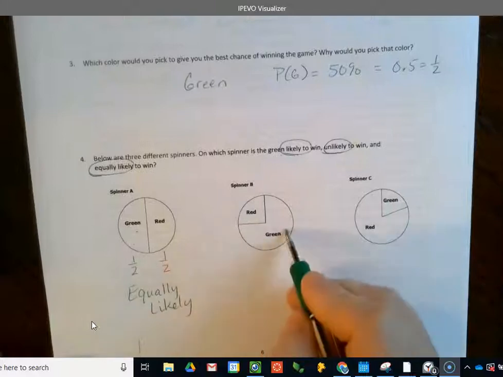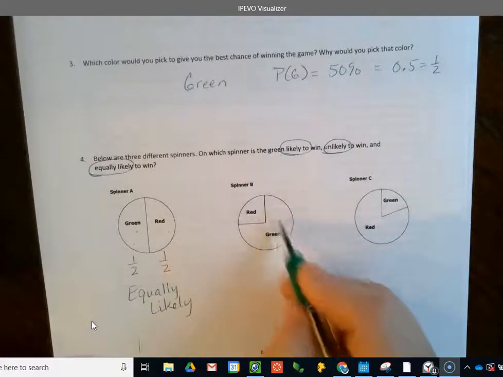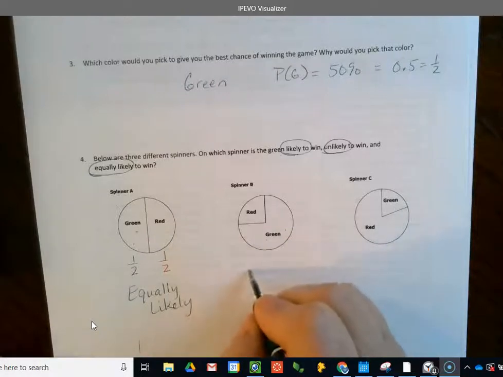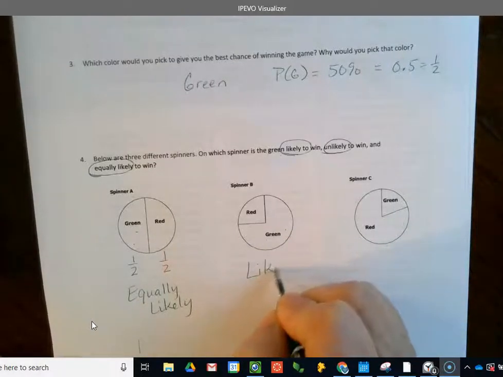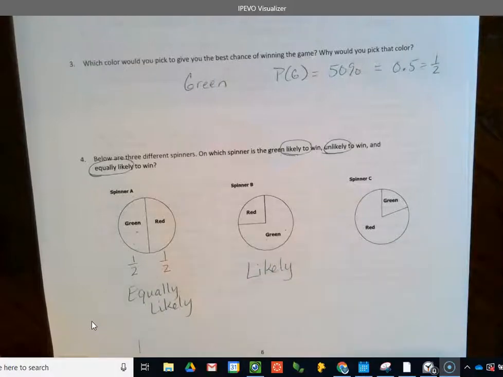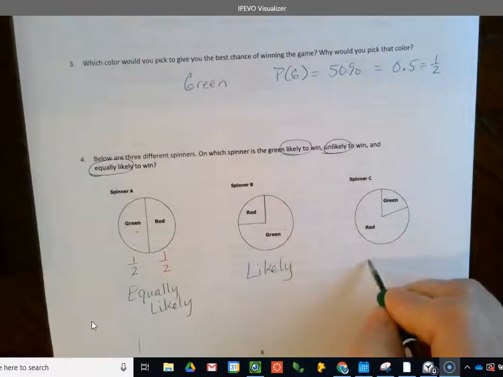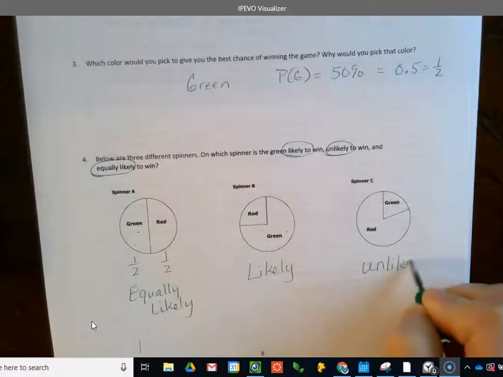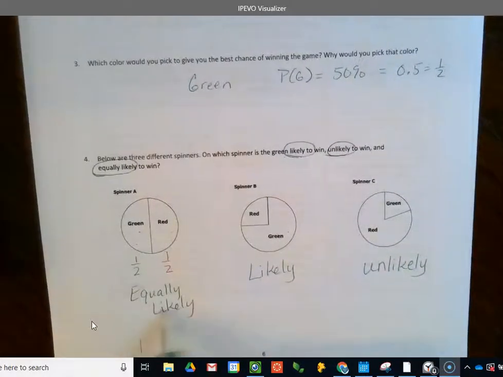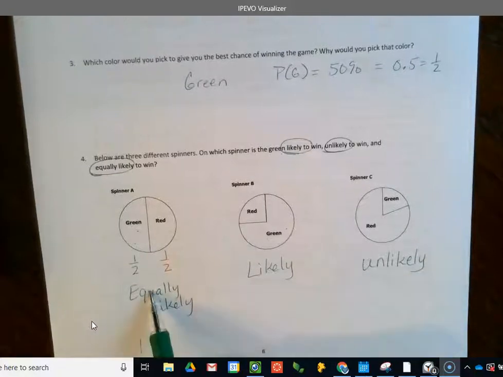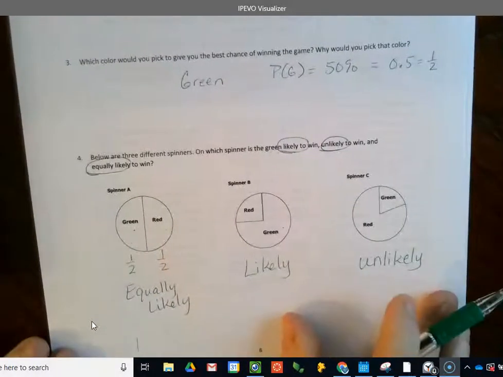So if we take a look here, notice that most of this is actually green, so this would be likely to win. And on this one, green doesn't have a very good chance of being the winning spin, so that would be unlikely. And it makes it easy because notice the commonalities here of likely, likely, and likely. So equally, likely, and unlikely.